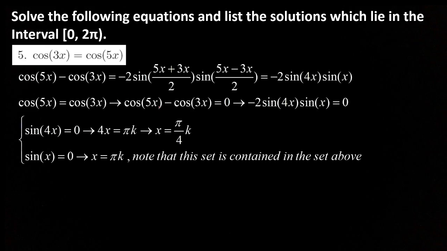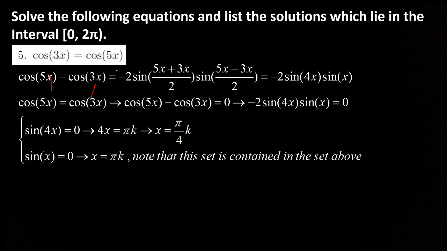So if you move the cosine 3x to the right hand side, we get cosine 5x minus cosine 3x, which by the difference to product identity would be negative 2 sine of this one plus this one, and then sine of this one minus this one. All right, and when we get it, it's very easy.